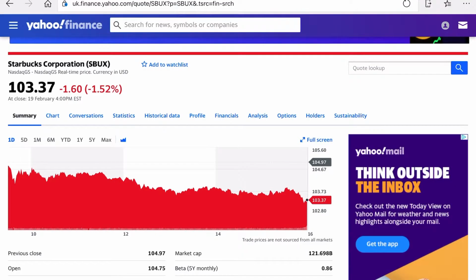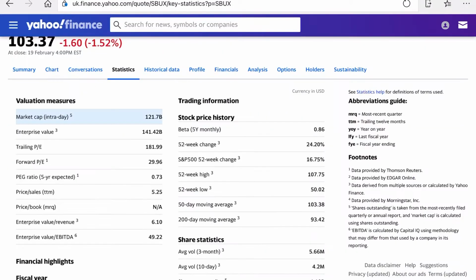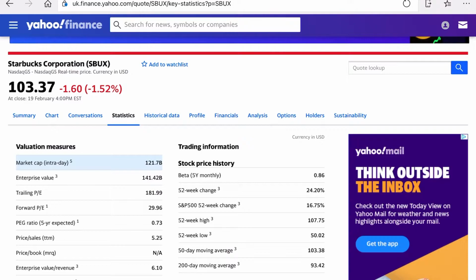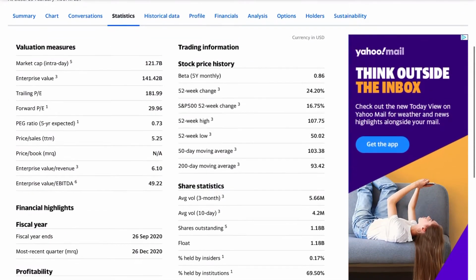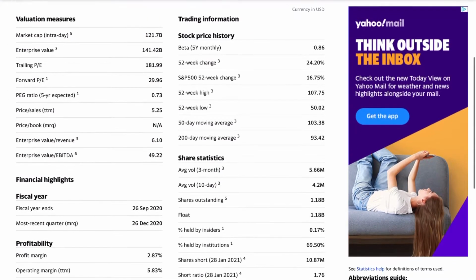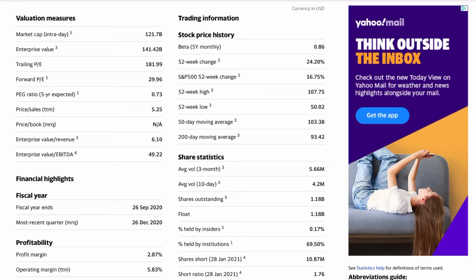Okay, so I'm interested in Starbucks. Let me check the statistics, because I know that's what's really going to help me make decisions on the company, and how good a quality the company actually is. In the valuation measures, you do get market cap and enterprise value. The difference between the enterprise value and the market cap is something you do need to be aware of.